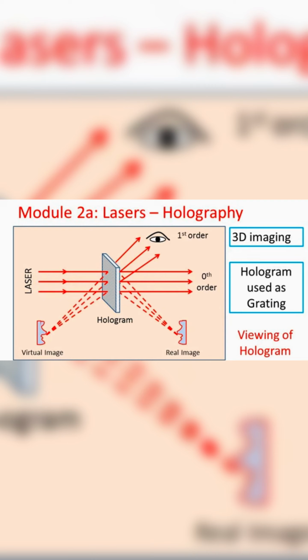A laser beam identical to the reference beam used at the time of constructing the hologram is made incident on this hologram, and the secondary waves interfere constructively in some directions, where we get maximum, and destructively in others, where we get minimum.